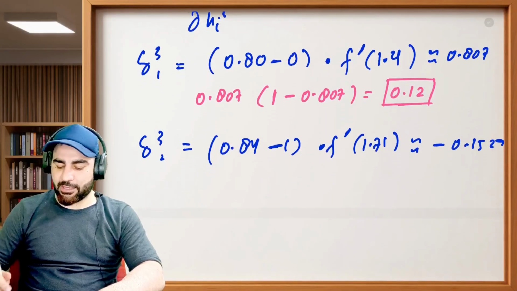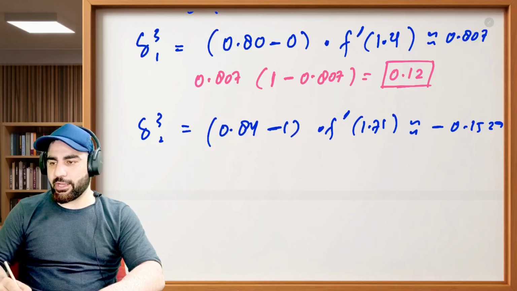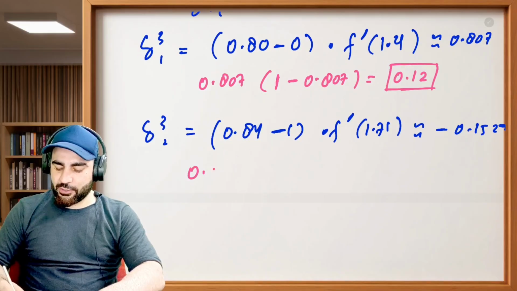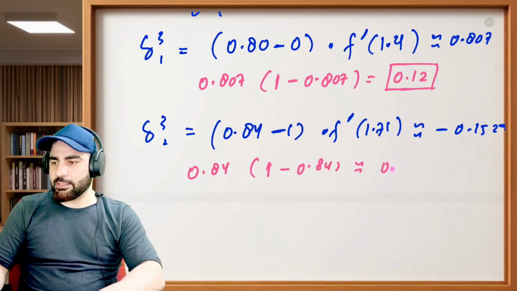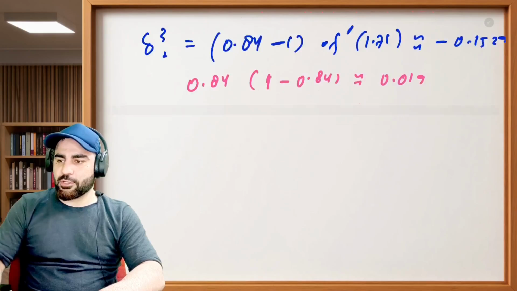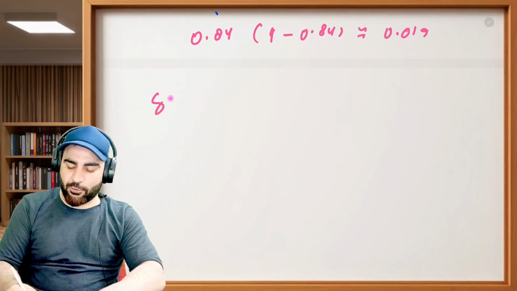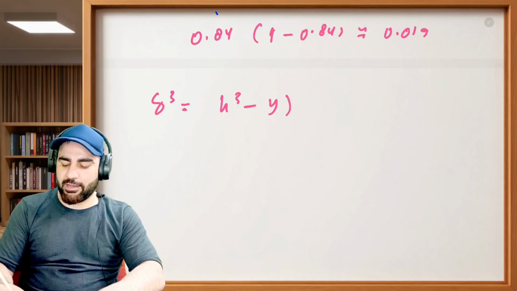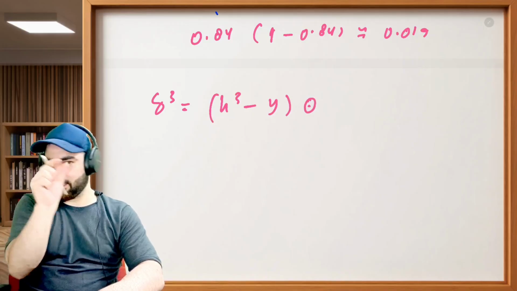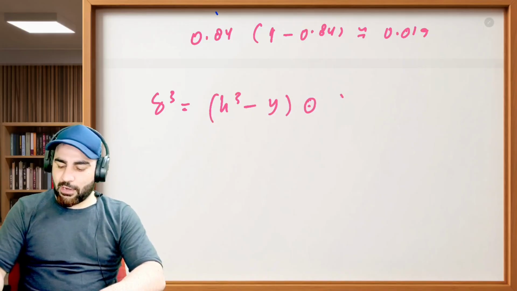Similarly, doing the same thing for this delta 3, if you see, take this 0.84, and then you take 1 minus 0.84, so this is equal to 0.019. Similarly, if I now write delta 3 in vector form, delta 3 is equal to h3 minus y, and then you take the Hadamard product, that is the element-wise product, with f dash of a3.